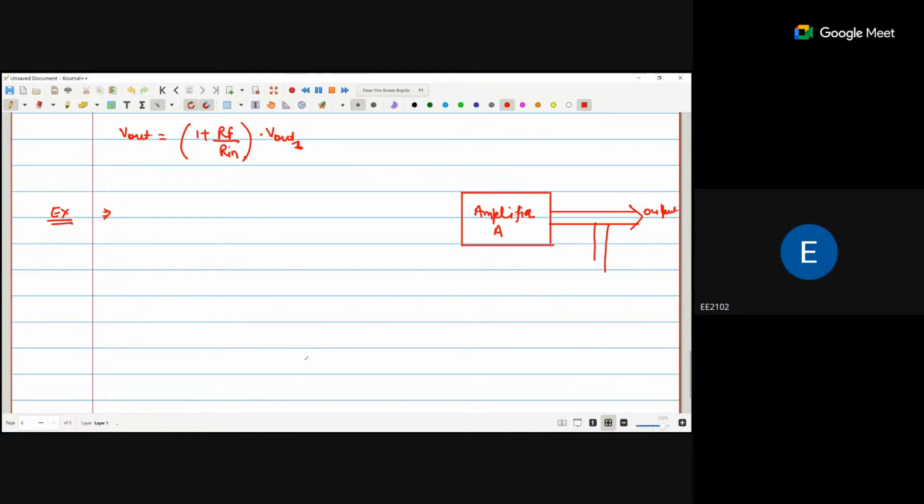We are taking the feedback, beta. This is my input V in, and this is the error VE, with plus and minus.